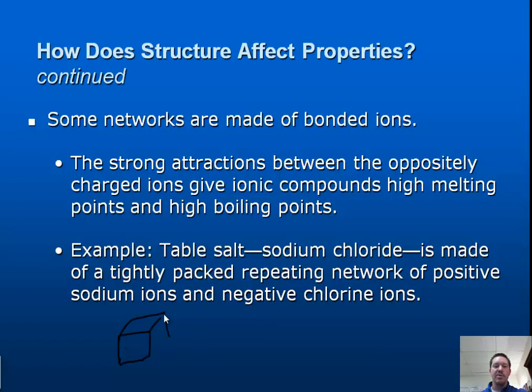Within the cube of salt, we've got, say, sodium and chlorine, and then another sodium and chlorine, or actually it'd be opposite, chlorine, sodium, and then sodium, chlorine, that are bonded together in this structure, and this would repeat all over this salt cube.